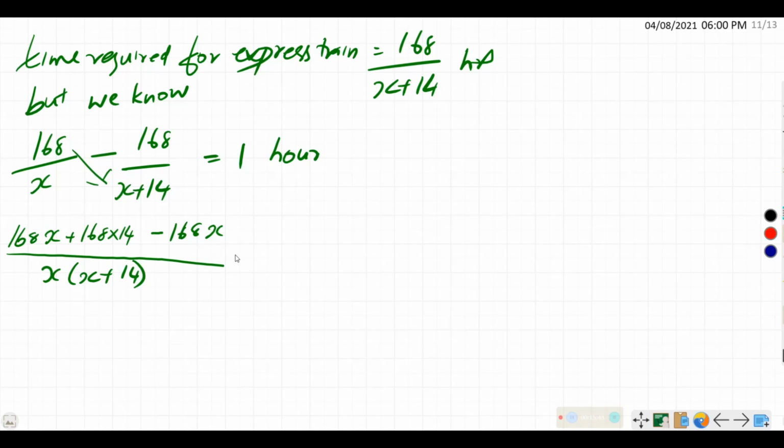We took the LCM and did the cross multiplication. Now in the next stage we can cancel 168x and minus 168x, and what will remain is 168 into 14 equal to x into x plus 14, that is x square plus 14x.